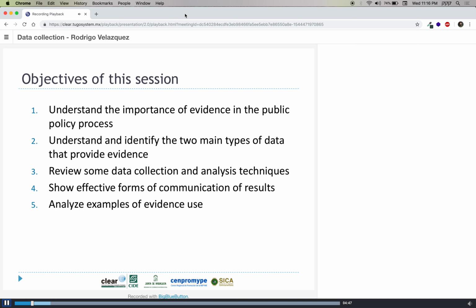Then we're going to analyze the different types of information or data, their differences, and also some techniques. And of course, something that needs to be taken into account is if this process to understand, to classify, and systematize is not conveyed in a clear way.